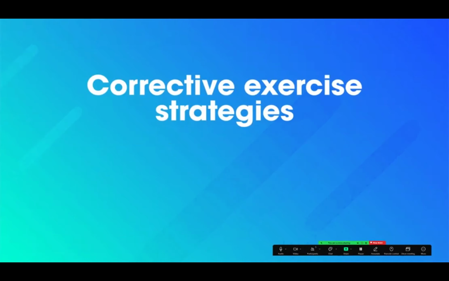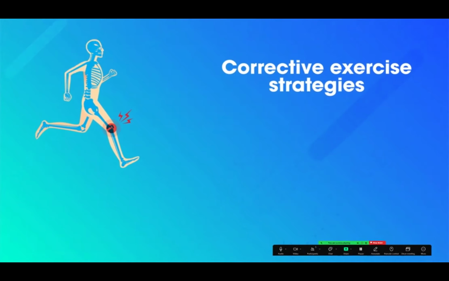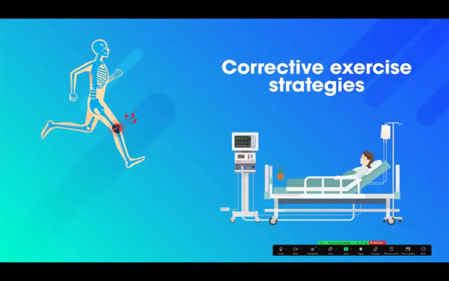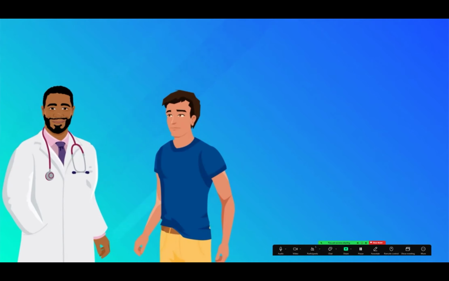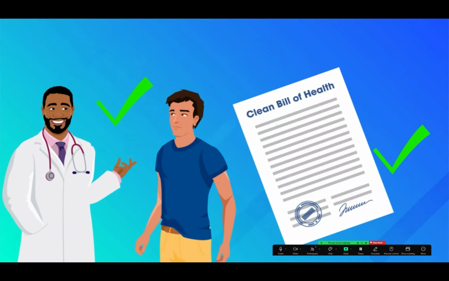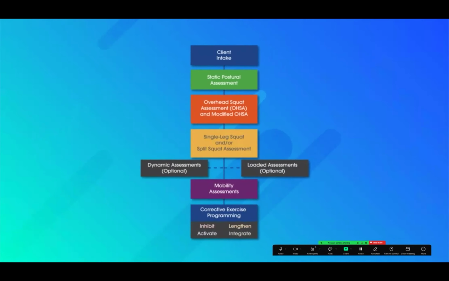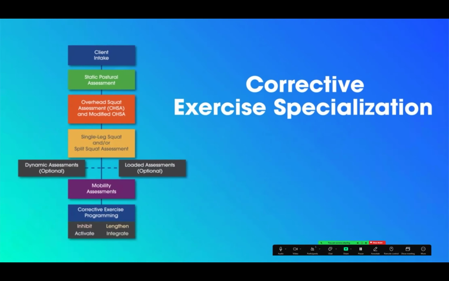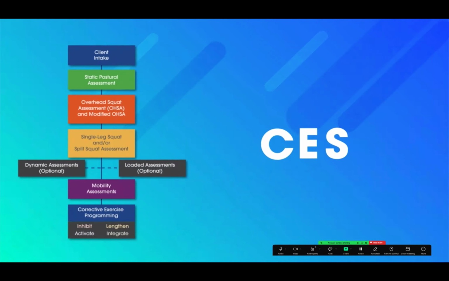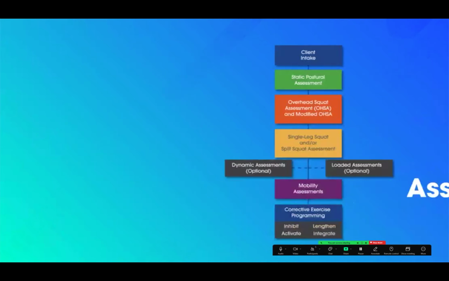Corrective exercise strategies can also be applied after an injury and after rehabilitation is complete. But in that case, it's important to be sure the client has received medical treatment and healthcare clearance to return to normal activity. Your roadmap will be the Corrective Exercise Specialist, or CES, assessment flow.